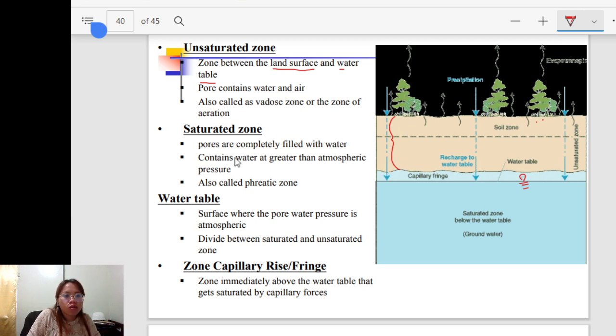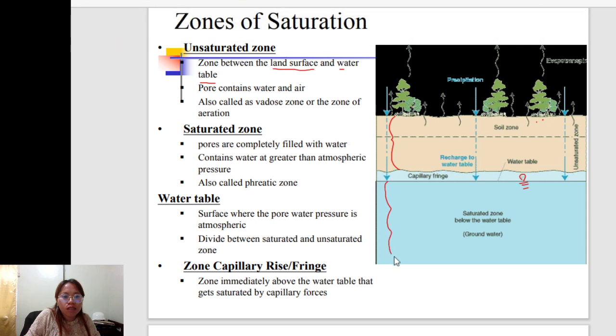In the saturated zone, pores are completely filled with water, containing water at greater than atmospheric pressure, also called the phreatic zone. This part is the saturated zone below the water table.